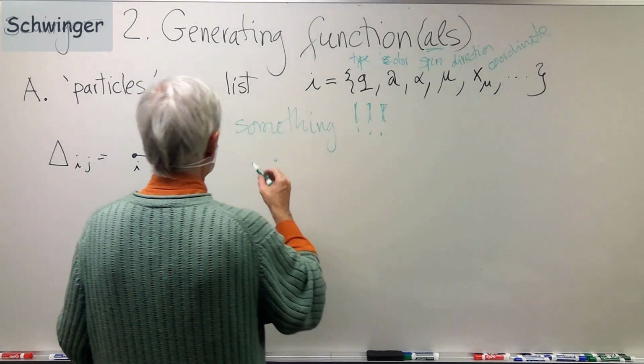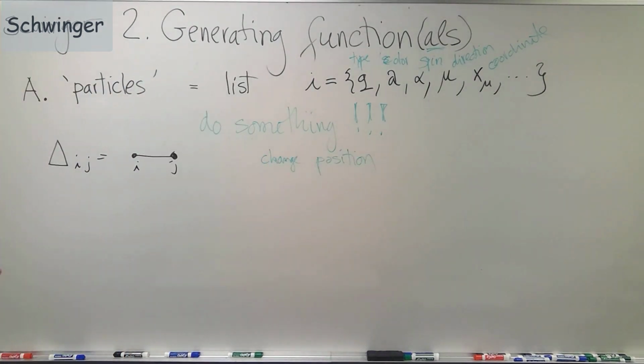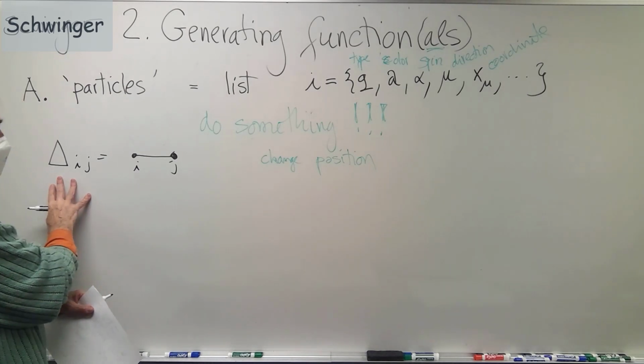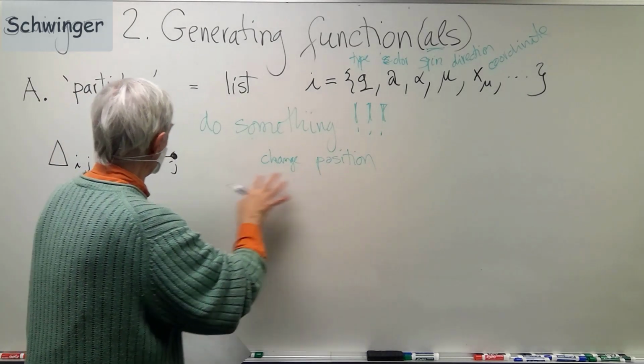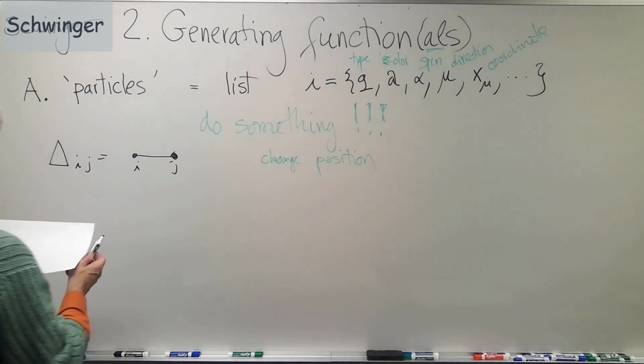So doing something means, for example, you change your position. And in contact with the quantum mechanics we have learned so far, and statistical mechanics you might have learned elsewhere, I assign to this change a number, a real or complex number, which could be a probability amplitude. That's one thing you could do.